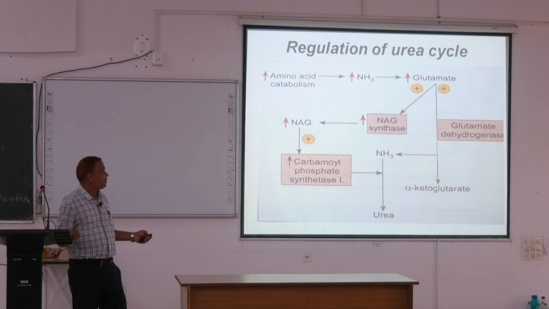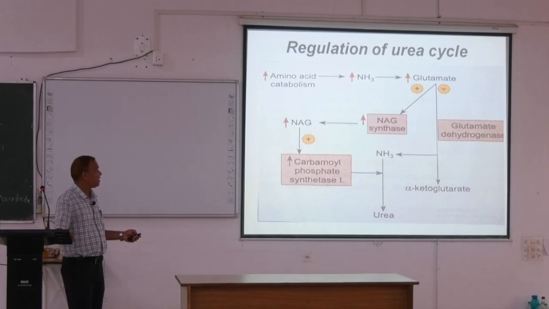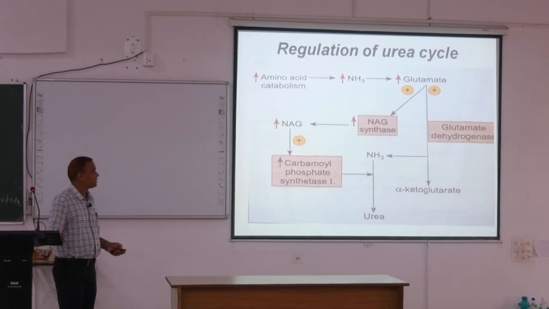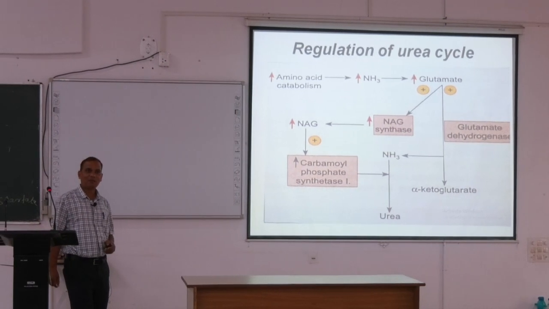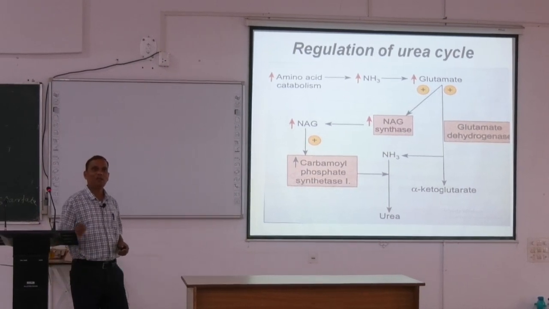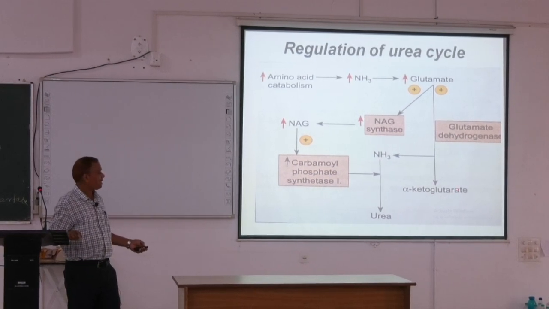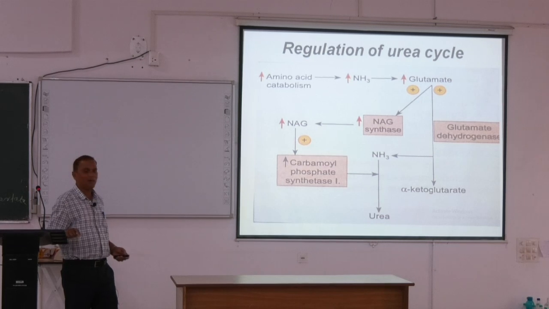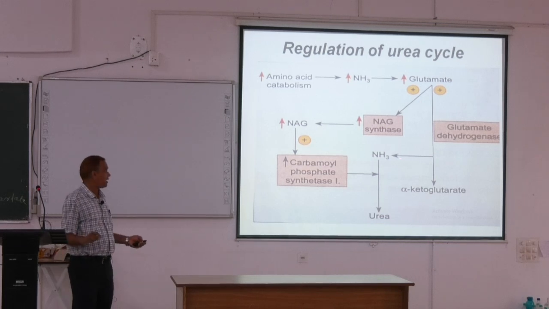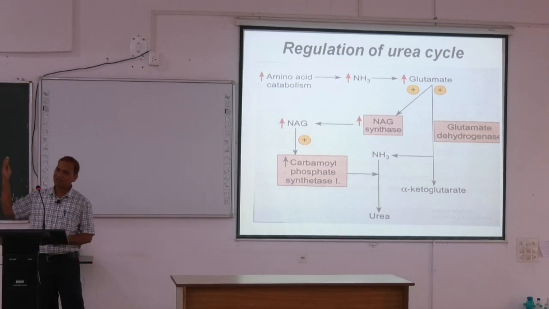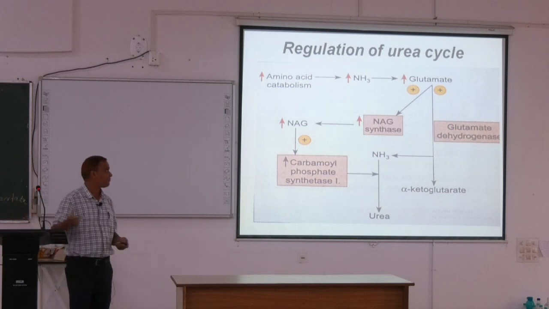So if glutamate forms, what will happen? The activity of the glutamate dehydrogenase (GDH) enzyme will be increased. Then more alpha-ketoglutarate will be synthesized and ammonia will be liberated. If ammonia is liberated, then it will go for synthesis of urea.